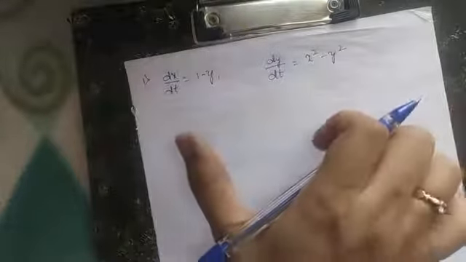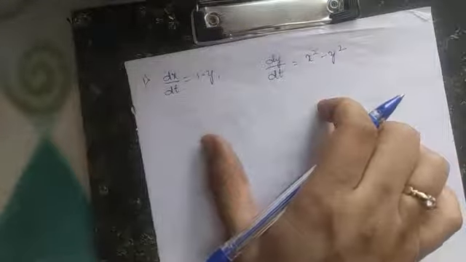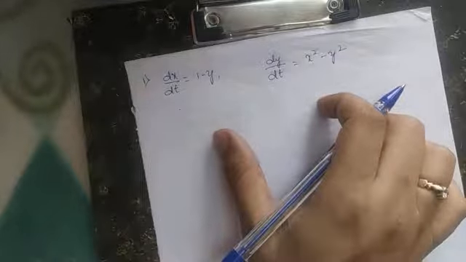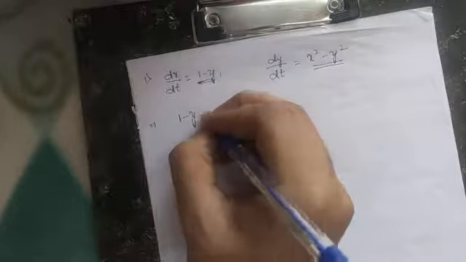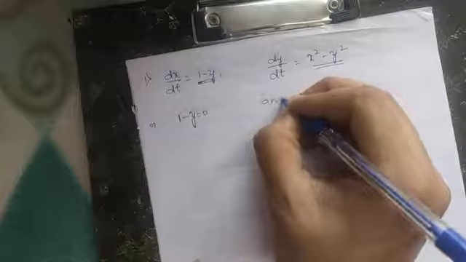First I have to find out the critical points for this problem. So how can I find the critical points? First I will consider f of x comma y is equal to 0 and g of x comma y is equal to 0, right? That means 1 minus y is equal to 0 and x square minus y square is equal to 0.